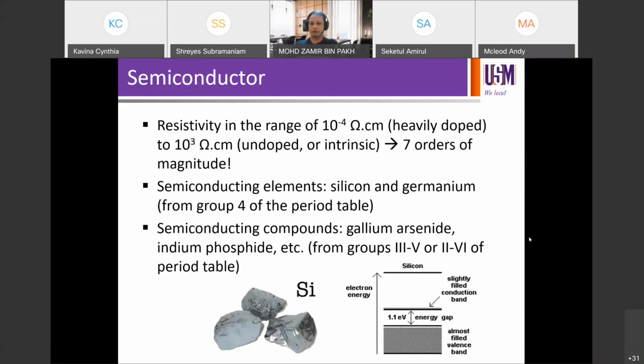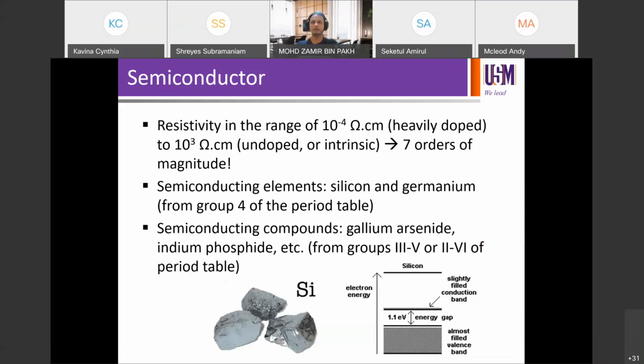Now we come to the third category of material where the conductivity or the resistivity lies in the range of insulator and conductor. So resistivity in range of 10 to the minus 4 for heavily doped semiconductor to 10 to the 3 for undoped or intrinsic. Intrinsic here means undoped.